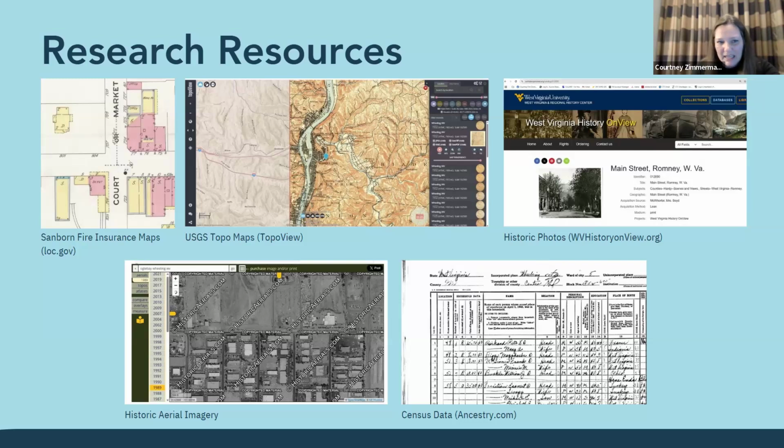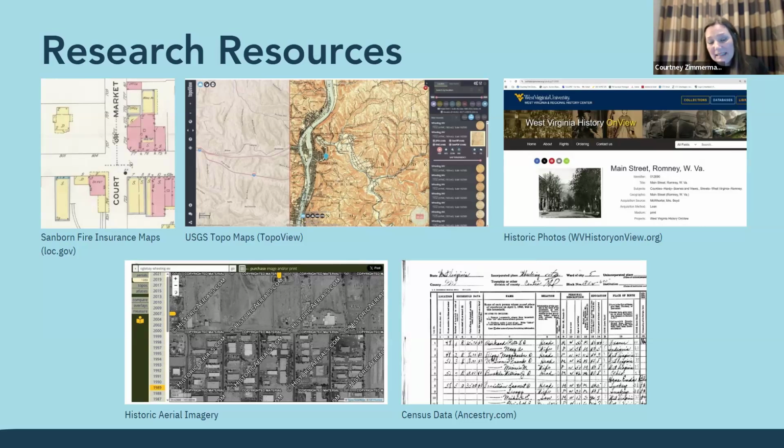It'll have a lot of times a label of what was in there, a harness shop or a livery stable, blacksmith, a dwelling, store. And they did them every few years, so you can trace the evolution of your building. You can see what the porches were, number of stories, so much information in these Sanborn maps.